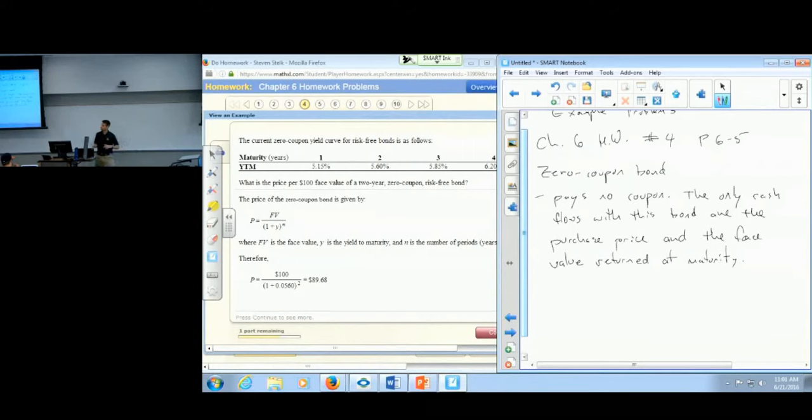It tells us that it's a risk-free bond, so this is going to be a treasury security, and treasuries have a $100,000 face value, and you'll know that when you start working with bonds a good bit. But it wants the price per $100 of face value. Since I'm looking for the price per $100, I'm going to pick a face value of $100, because it doesn't matter what the face value is. Everything's in terms of percentages, so I can pick whatever I want. That's exactly what I'm going to do.